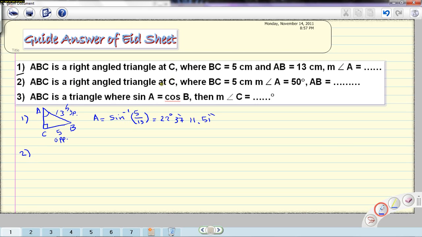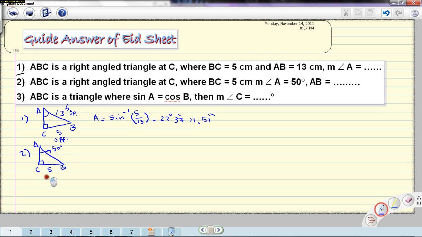Okay, for question number 2, again it's ABC, right angle triangle at C. So I'm gonna write another right angle triangle. This is C, this is A. I think this triangle is better than the last one. BC is 5, and the measure of angle A is 50 degrees. The question asks me to get AB.